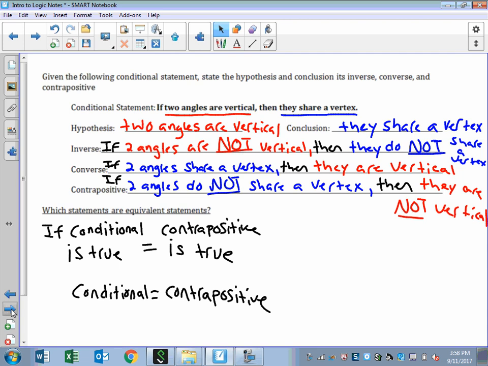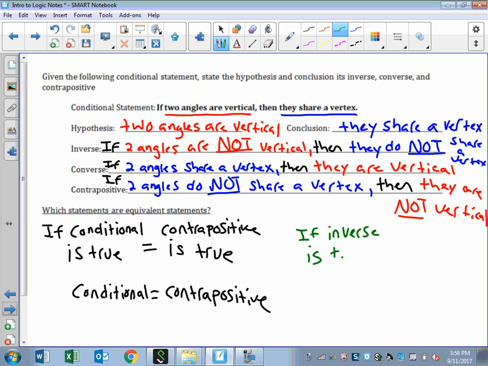Also, if the inverse is true, the converse is true. So inverse and converse are logical equivalents.